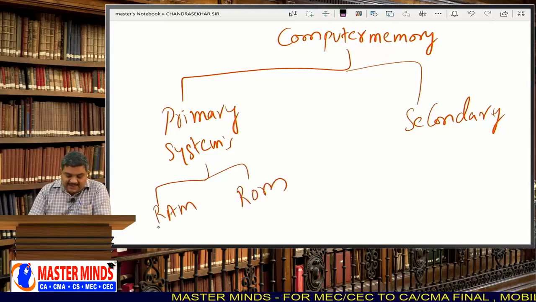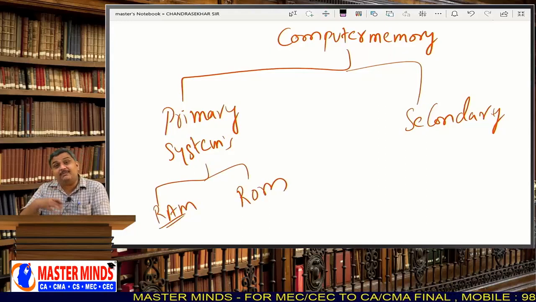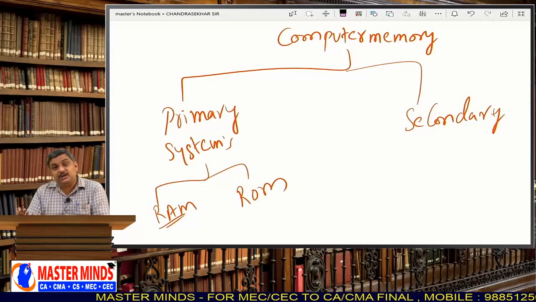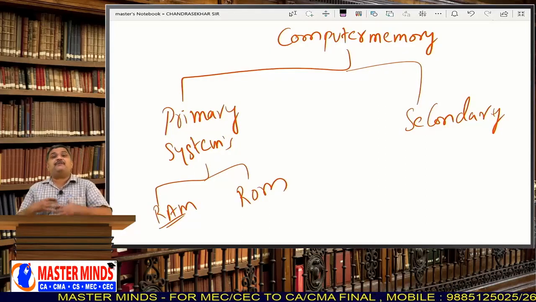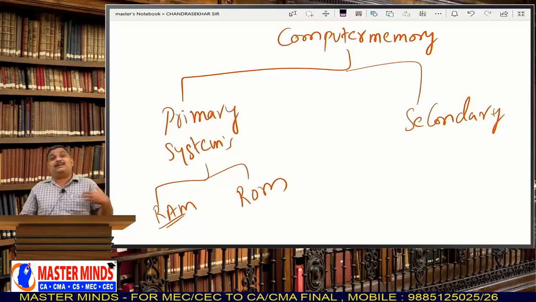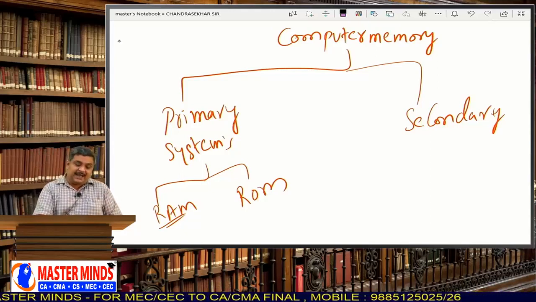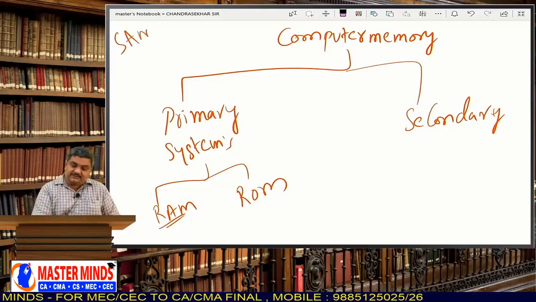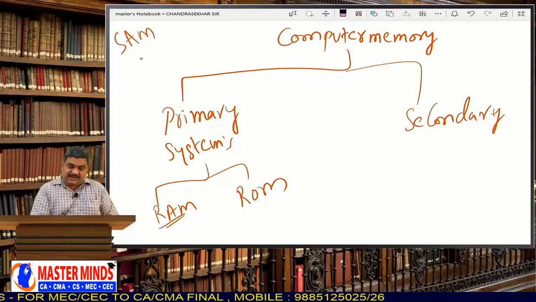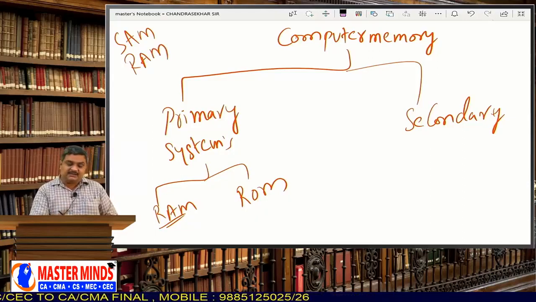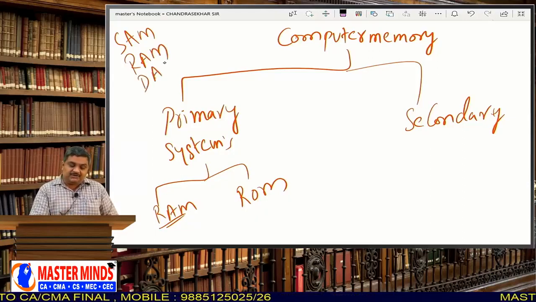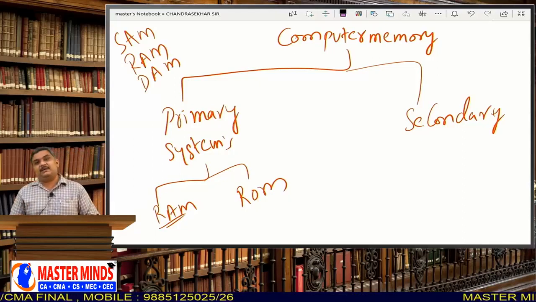See, why did the name RAM come? It is random access memory. That means you can access that memory in any fashion you want, randomly. Memories can be accessed sequentially, sequential access memories. Memories can be accessed randomly, random access memories. Memories can be accessed directly, direct access memories.